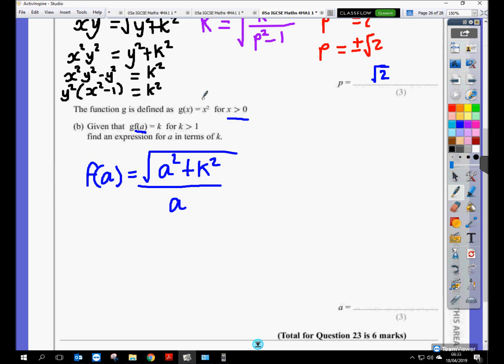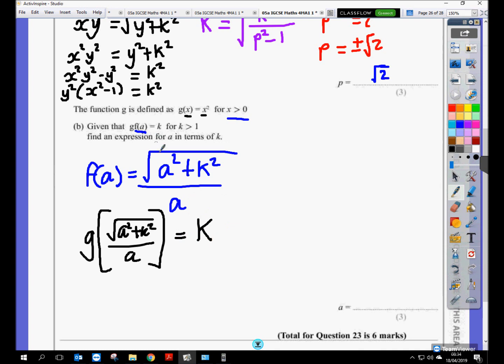What does g of x tell us to do? It tells us to square the x value. But the x value, remember, is now this. All of this is my new x. So we can write down g of this is equal to k.